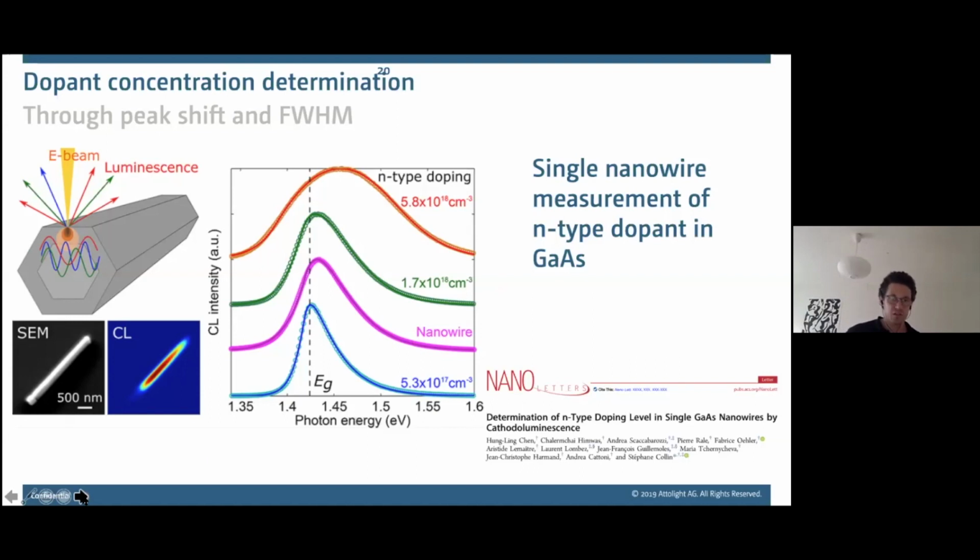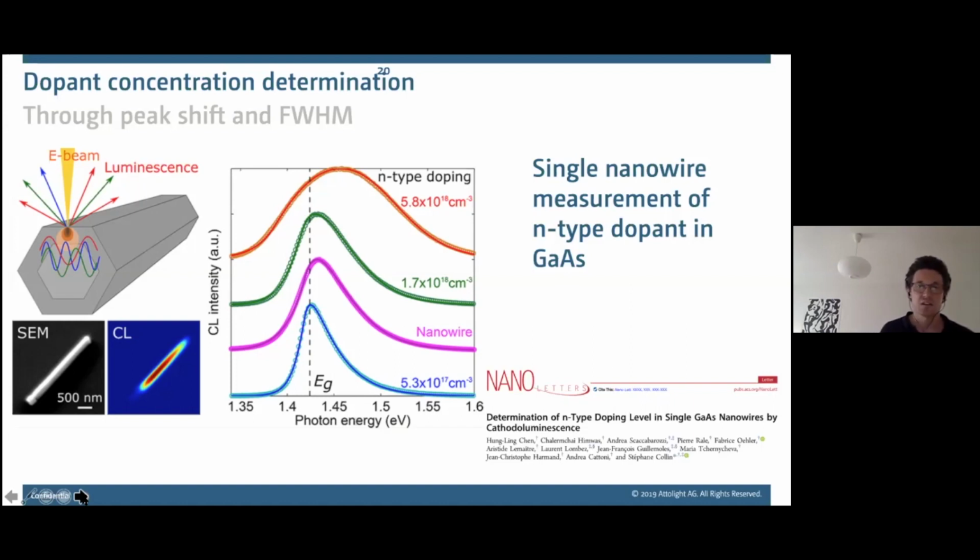In this case, this is a customer who is interested in making third generation solar cells based on gallium arsenide nanowires. And he was able, using cathodoluminescence spectroscopy, to measure N-type doping in this particular paper.